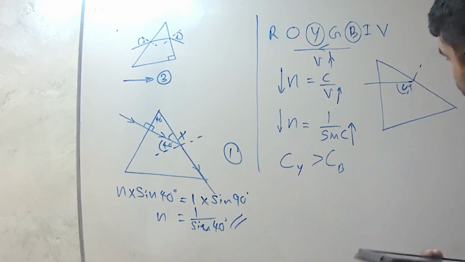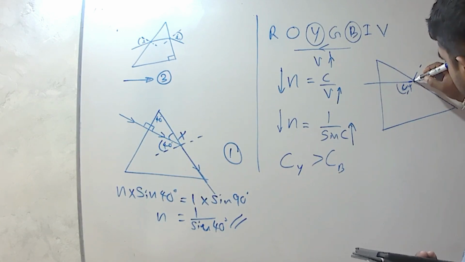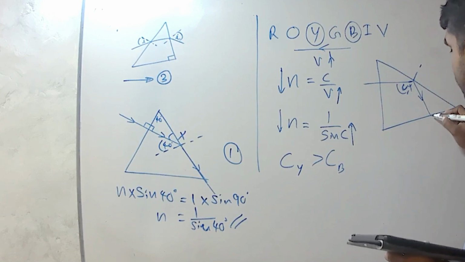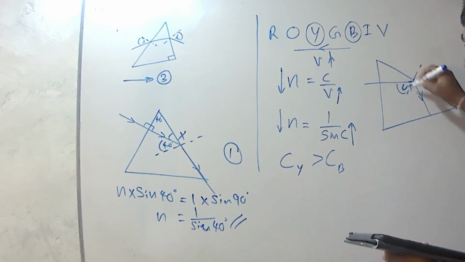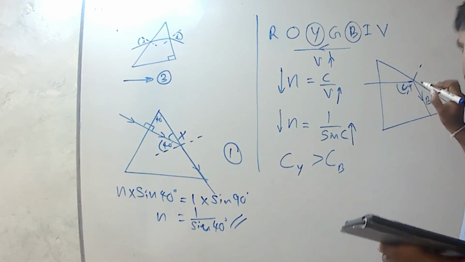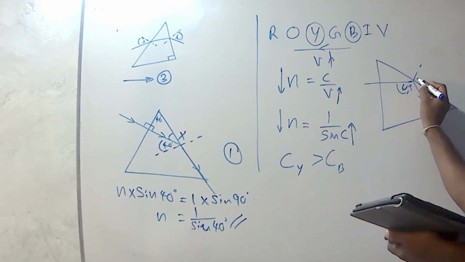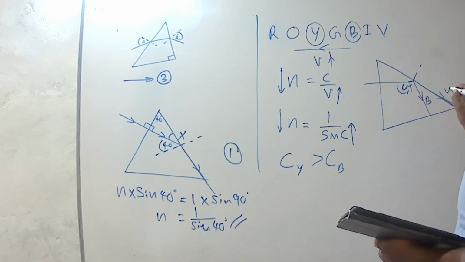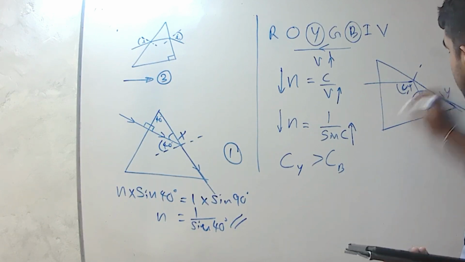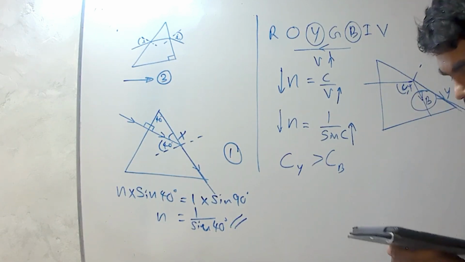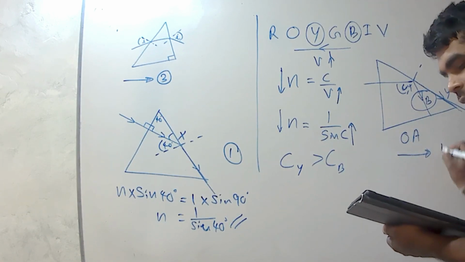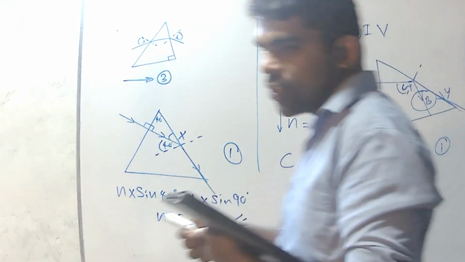Therefore, it should be totally internally reflected at this place. It is the blue color. Then path of yellow color should be like this. It should move along the surface. Now we have to consider path of blue color. It should be in the OA direction. Then we can get the first one is the correct answer.